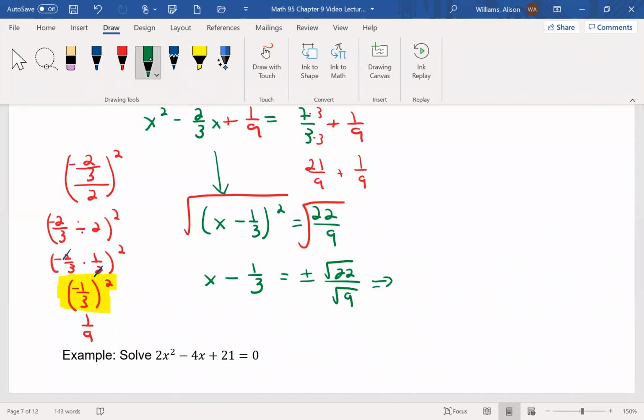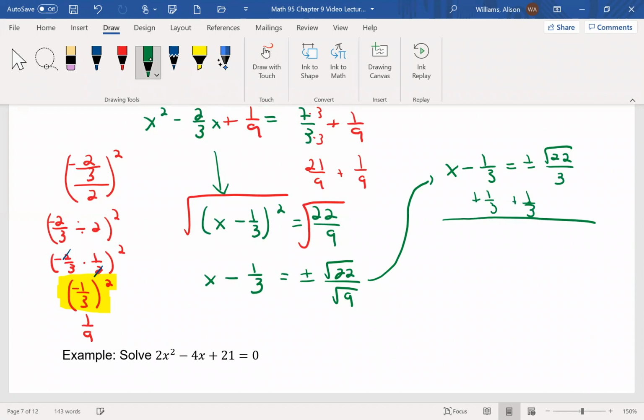Let me come up over here a little bit. Have a few more steps. Plus or minus the square root of 22 over 3. Now I'll add that 1/3, and I'll just stick that out in the front. 1/3 plus or minus the square root of 22 over 3.